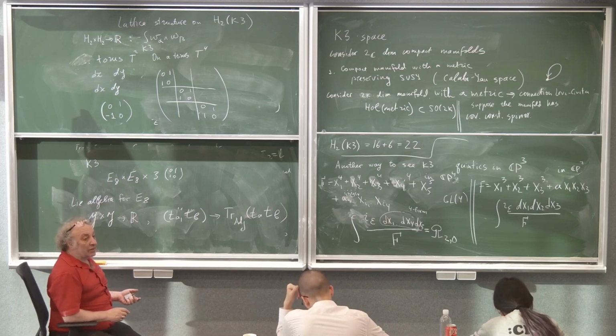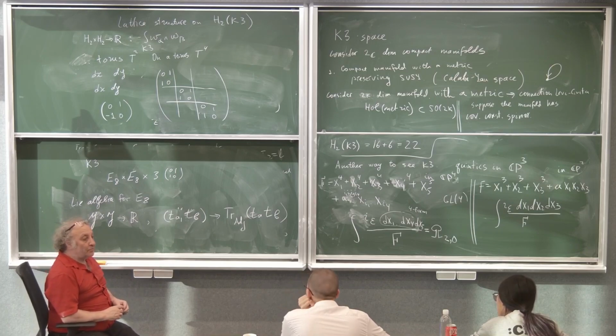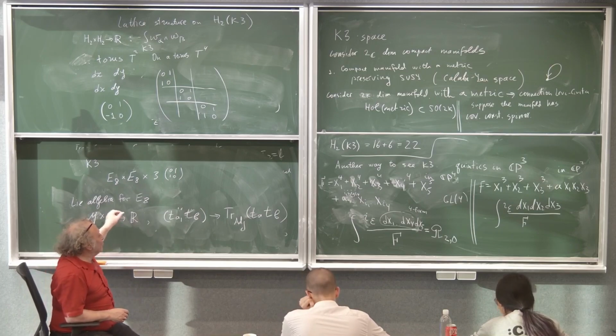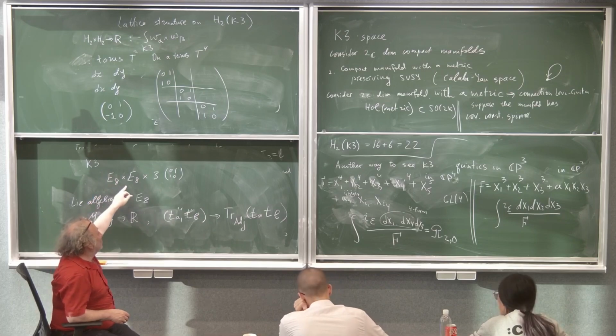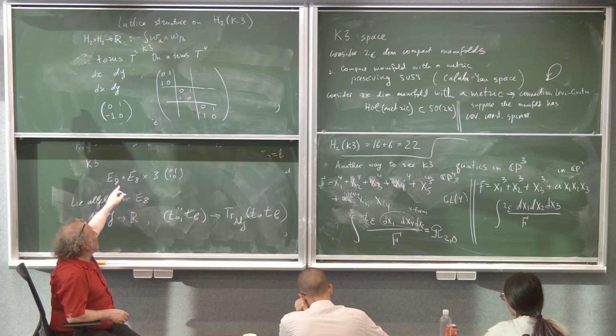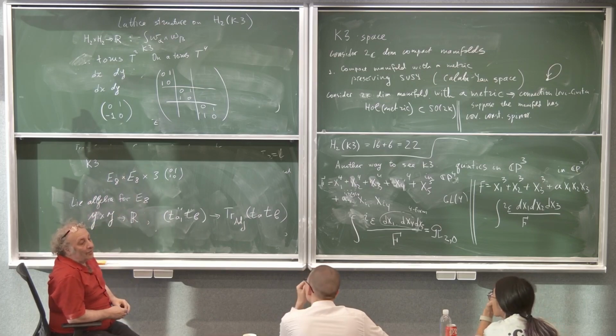And the mathematical fact is that you may compute, that is, in K3, you may compute this metric on E8, and it turns out that it's a purely mathematical fact.